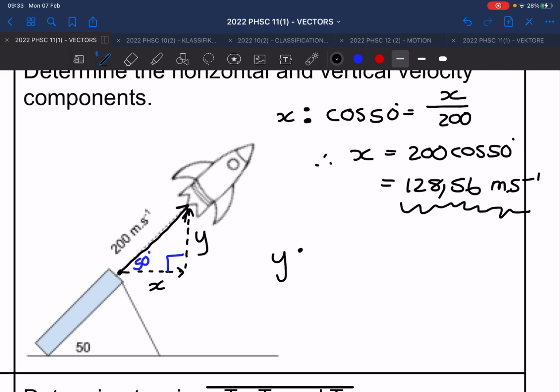Then if we calculate y, how will we do that? Sin.